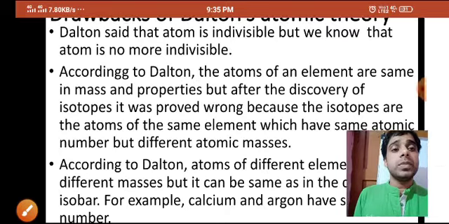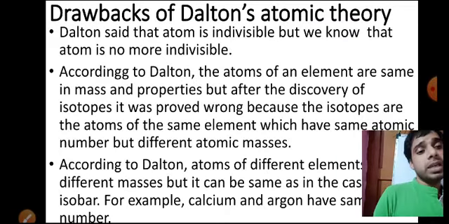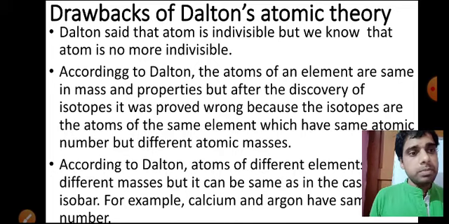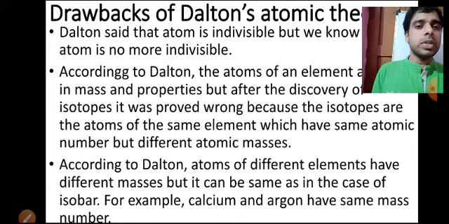But Dalton said atoms of the same element have the same mass and the same atomic number, but it is wrong. According to Dalton, atoms of the same element have the same mass number also and the same atomic number also. This is proven wrong.